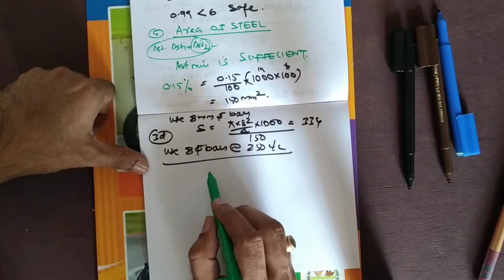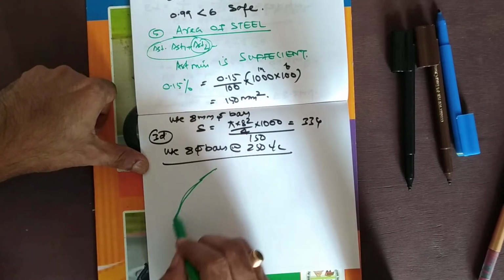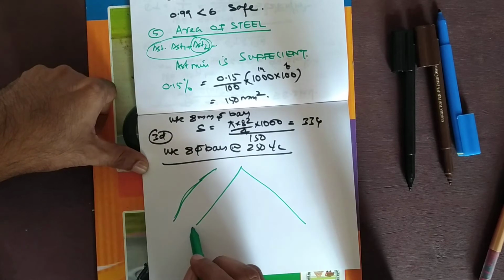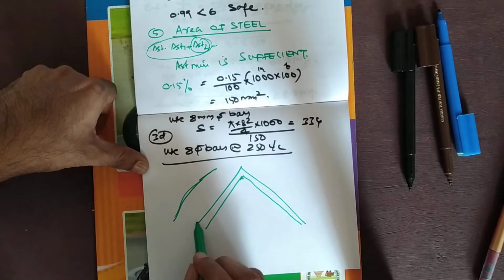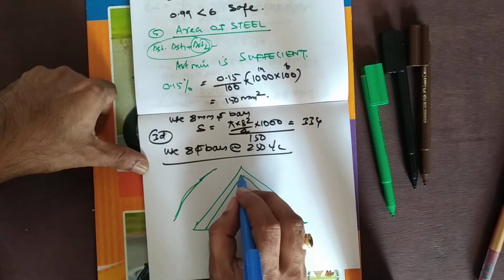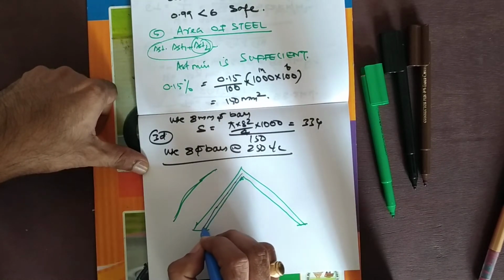So see, this is your dome. Sorry, this is your cross section. If I take, no, it will be like this, right? So this is your reinforcement, what you have calculated now. You will be providing it at the center.